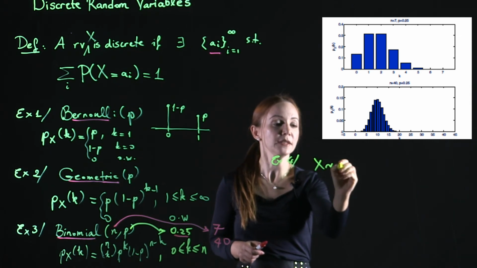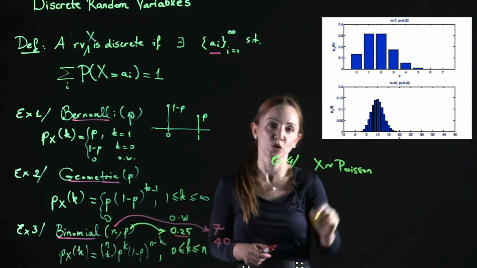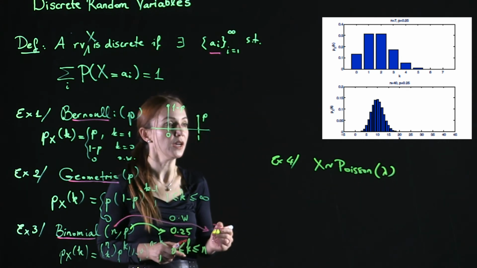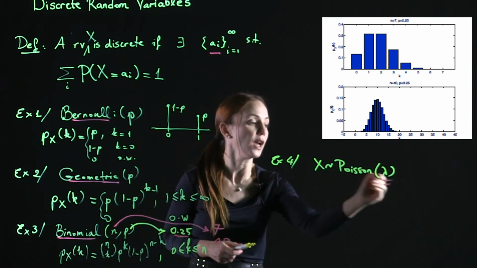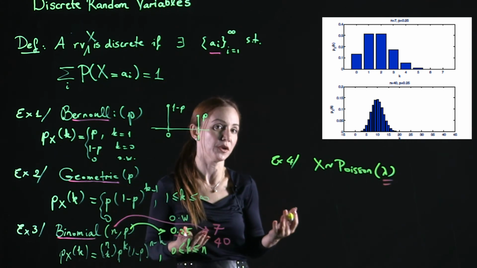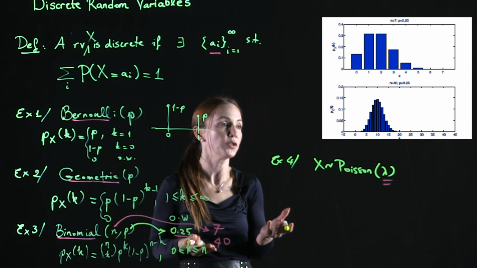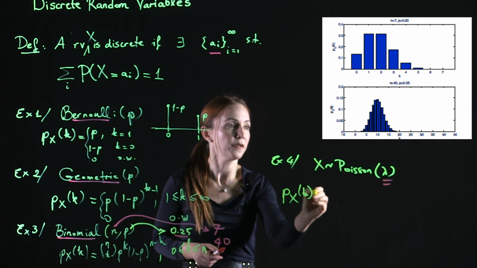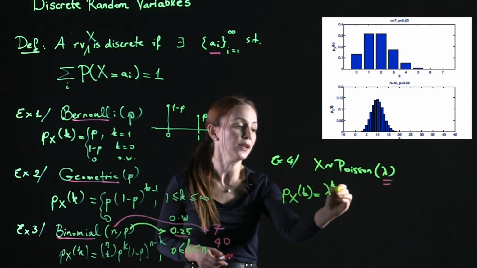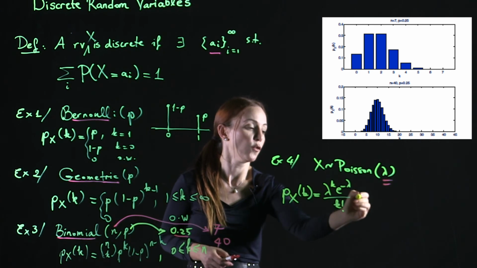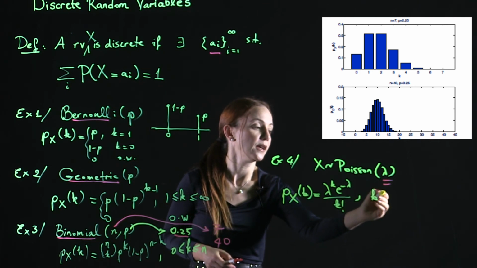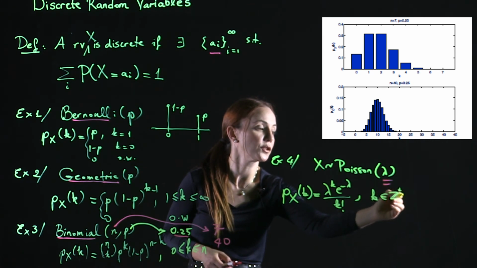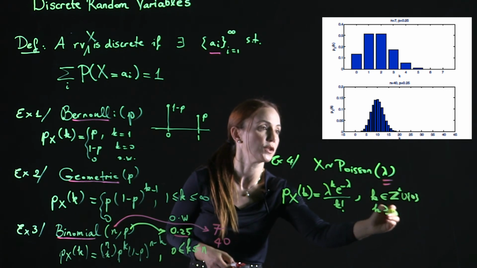A random variable X has the Poisson PMF with parameter lambda. Note that it has just one parameter, lambda. That is essentially the rate of arrivals, and we will talk more about this when we talk about the Poisson process later on. The PMF is lambda to the k, e to the minus lambda, over k factorial, for k nonnegative integers, basically k bigger than or equal to 0.